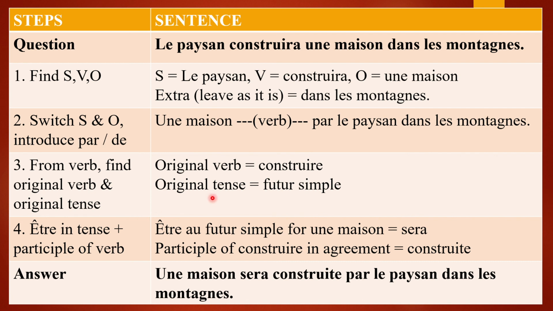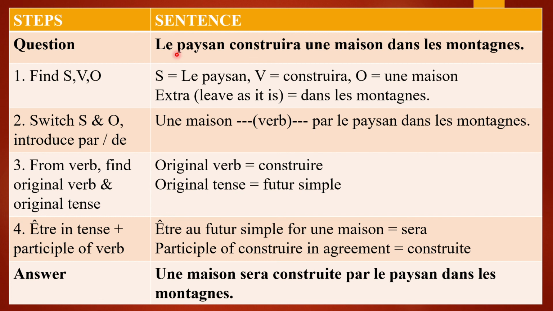So être in the future simple for une maison becomes sera, and the participle of construire in agreement with une maison is construit, and the agreement, because it's feminine singular, is an extra e, becomes construite. And that is how you get your passive statement: une maison sera construite par le paysan dans les montagnes.